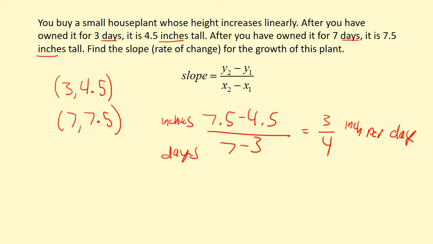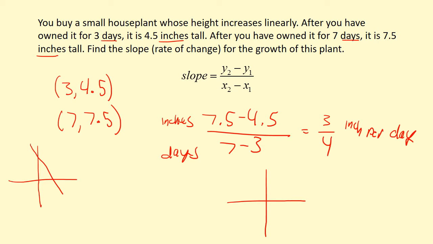So let me just highlight something here. That last slope we calculated with the graph, we got a negative slope. And that line, if I were to sketch it down here, went something like this. Now, this graph over here has a positive slope. If I were to graph the plant growth, it would have a positive slope.